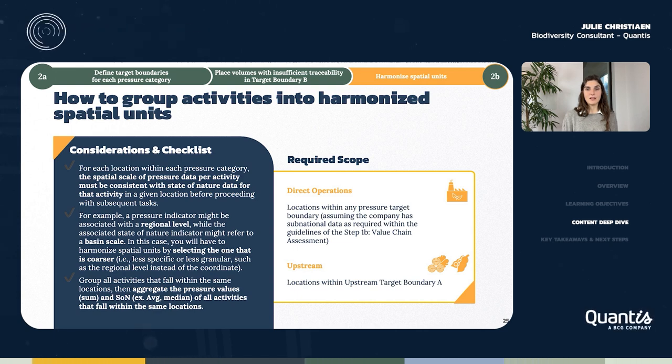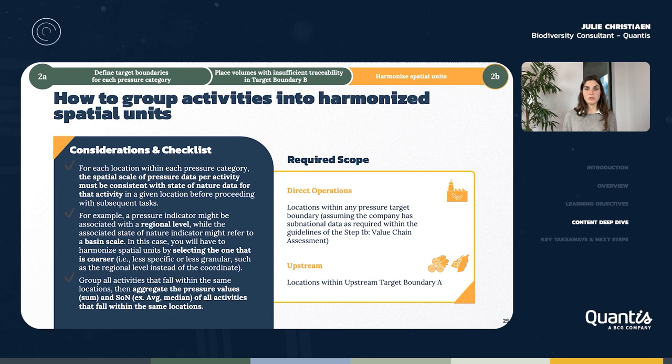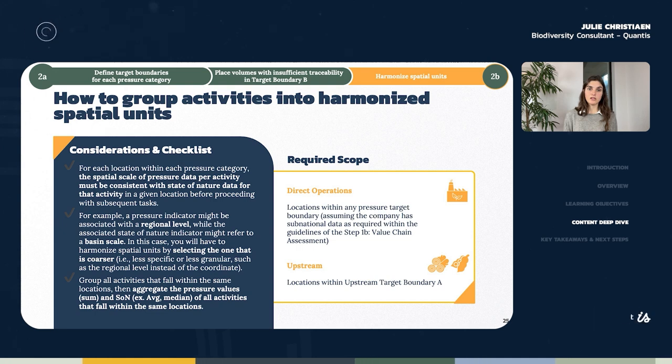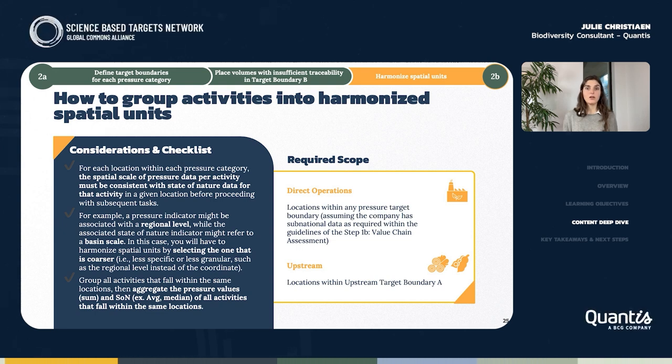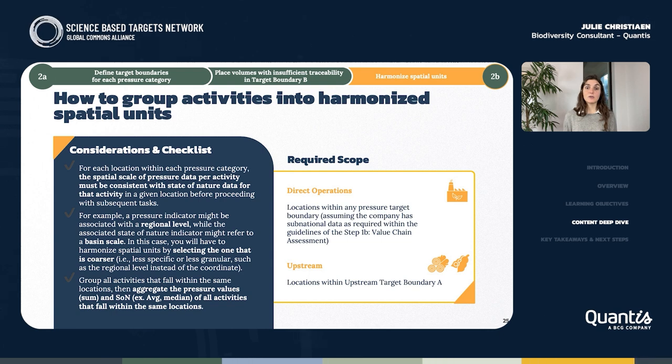Now that that's clear, let's look at how to group activities into harmonized spatial units. For each location within each pressure category, the spatial scale of the pressure data per activity must be consistent with state of nature data for the activity in a given location. The pressure and state of nature indicators associated with each of a company's activities will likely have been defined at different spatial scales.